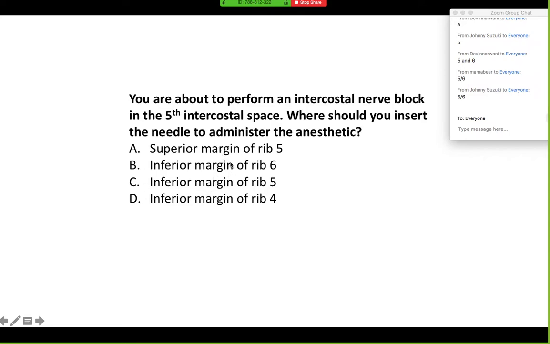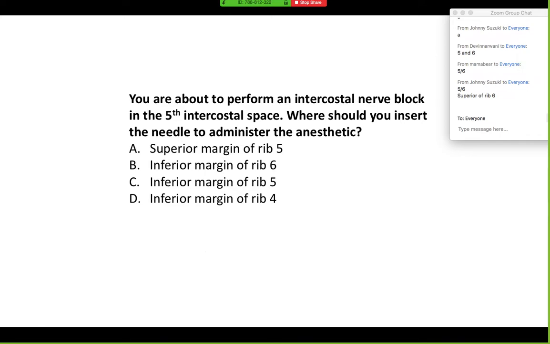So I'm talking about in relationship to the rib, not the space. Yes. So C is the correct answer.